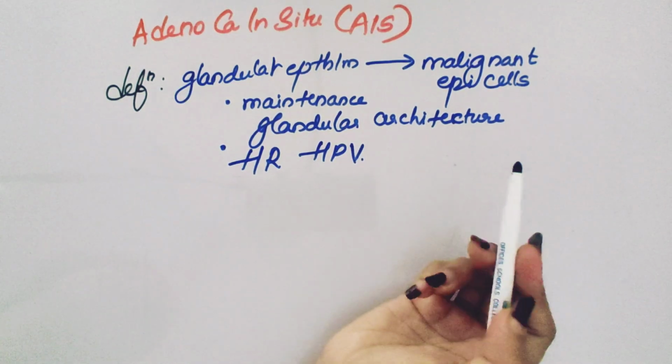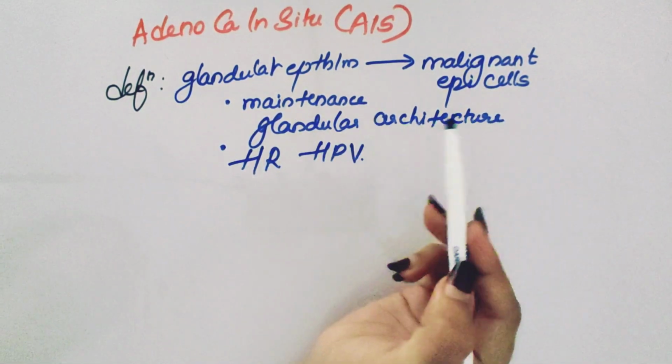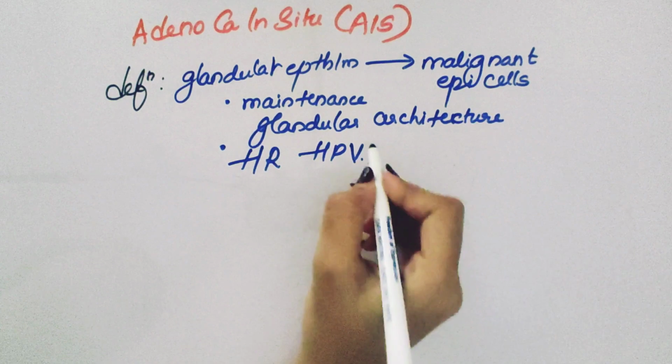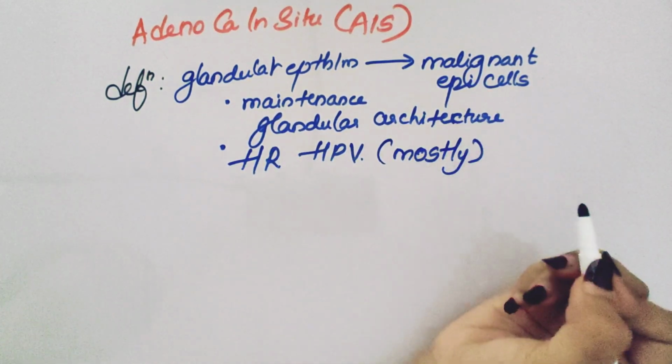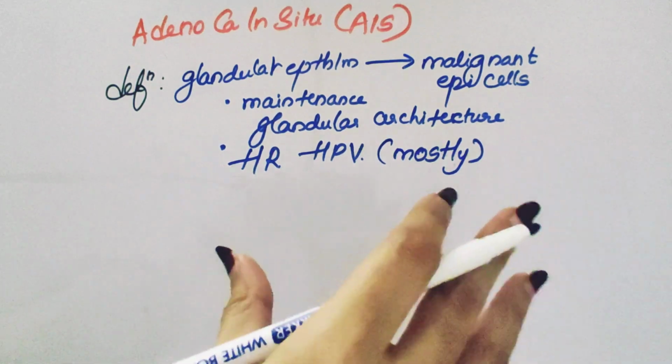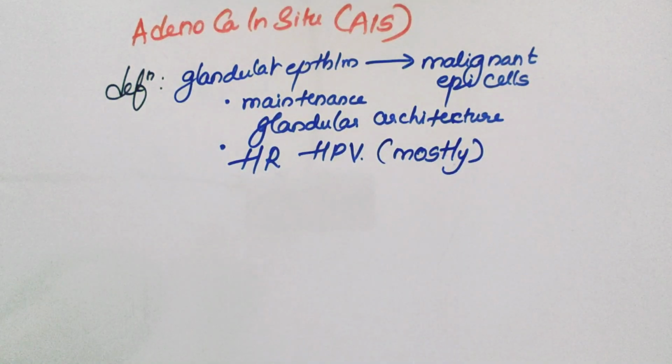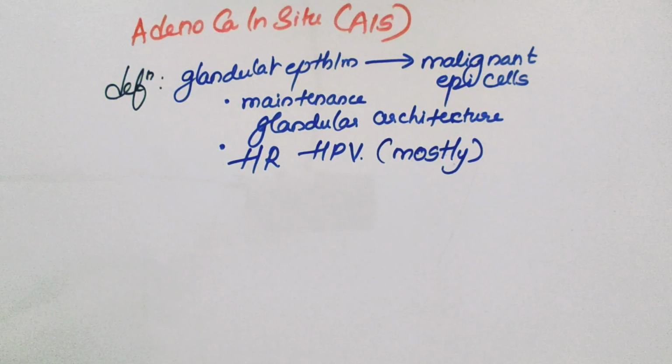Okay, so ma'am, now adenocarcinoma in situ, you said there is HPV associated and HPV independent also, but mostly it is high risk HPV associated. Why? Because you know that adenocarcinoma itself is 75% HPV associated and 10 to 25% is only independent of HPV infection.